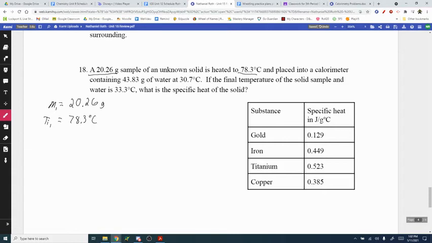So that's 78.3 degrees Celsius. Placed into a calorimeter containing 43.83 grams of water. So that's our M2, which equals 43.83 grams at 30.7 degrees Celsius.